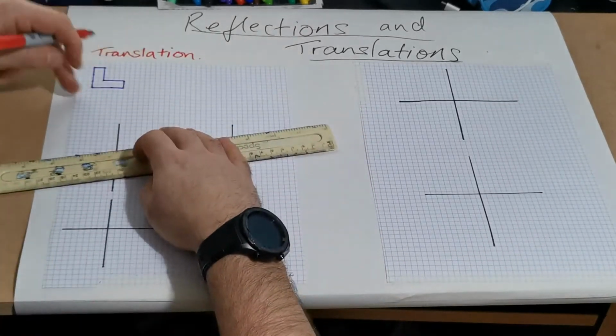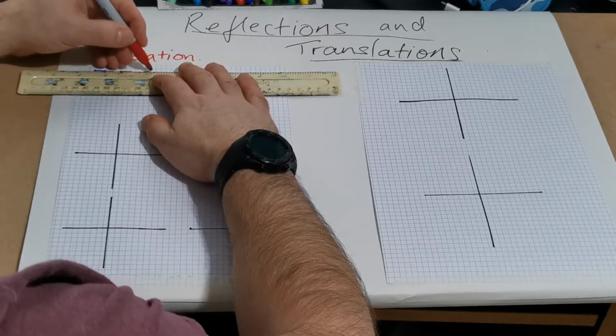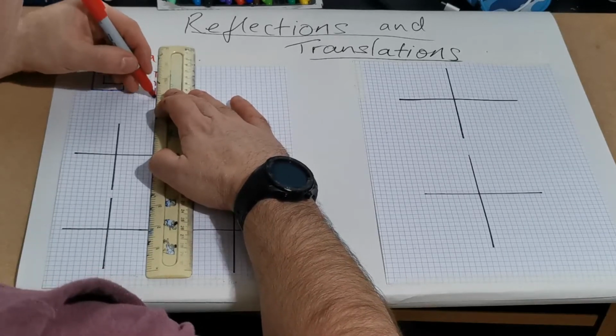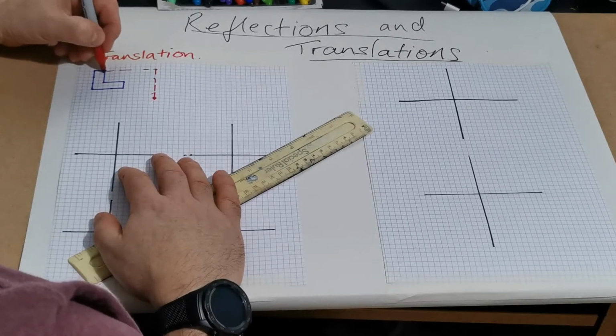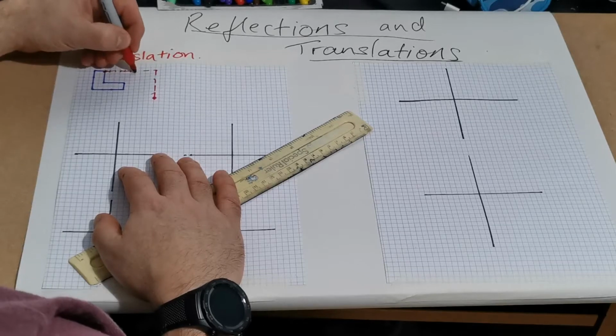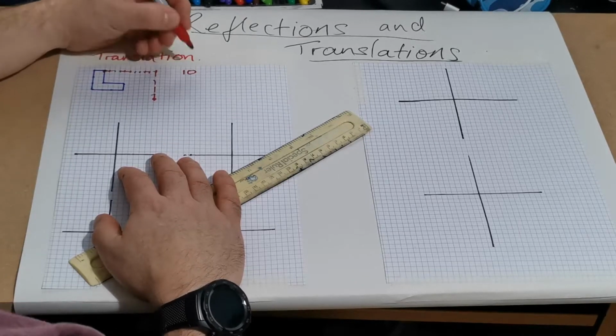So if I move this shape here, I'm just going to move it a few places along here and then down, and I'm just going to focus on one of the points in particular. So this point here, I moved 1, 2, 3, 4, 5, 6, 7, 8, 9, 10 places that way.